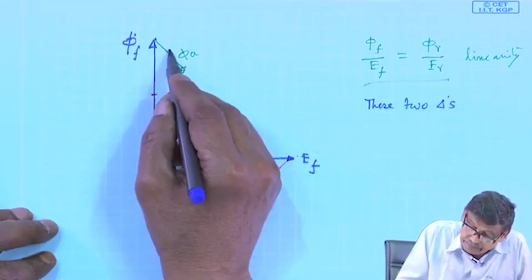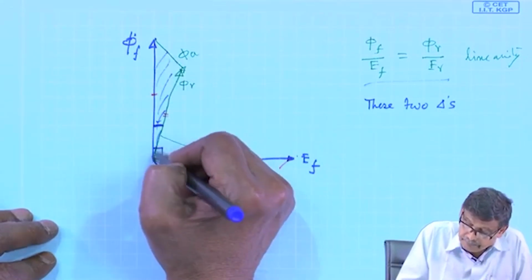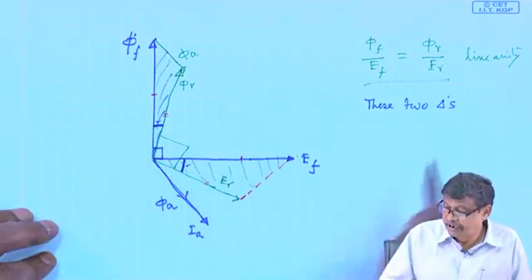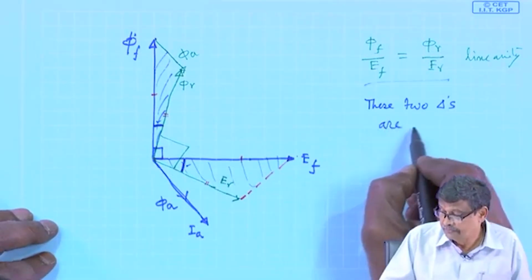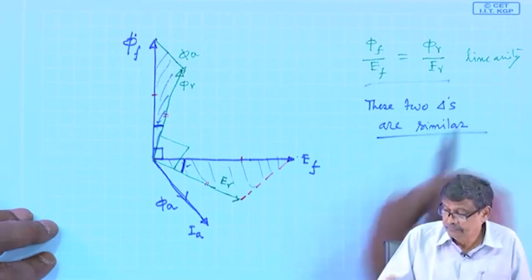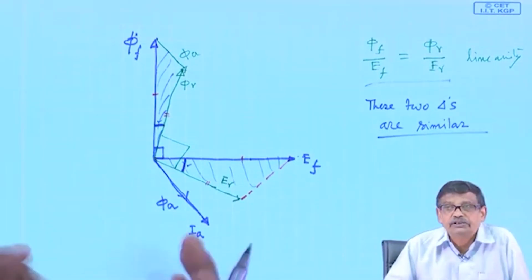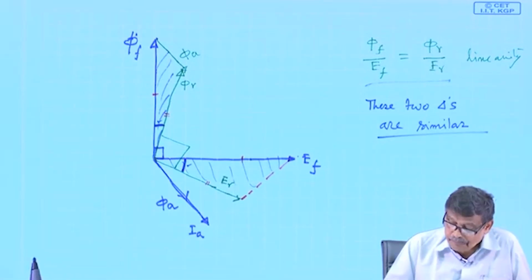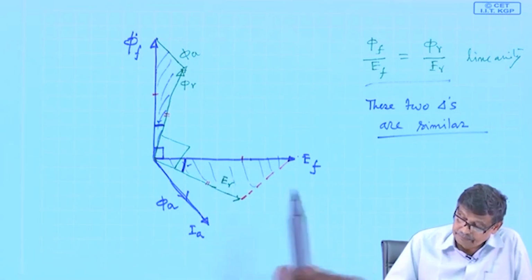This triangle and this triangle. These two triangles are similar. These two triangles have to be similar. Is it not? That is the thing.